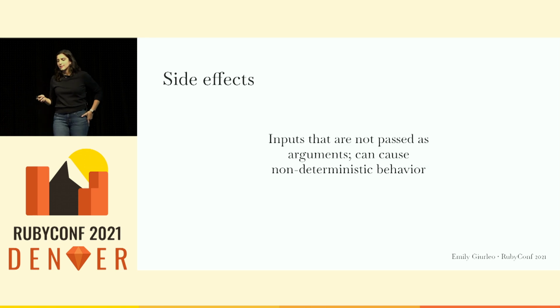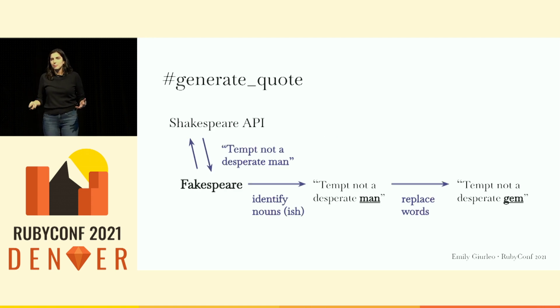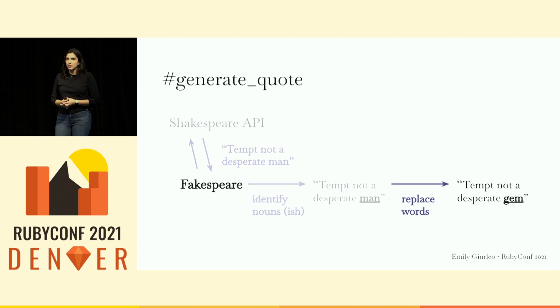Another example of non-deterministic code is side effects. When I say side effects, I mean inputs that aren't explicitly passed as arguments to a method. That can be a call to time.now within the method, or some random generation that happens within the method. We talked about this earlier, and we have an example of this in the Shakespeare gem.